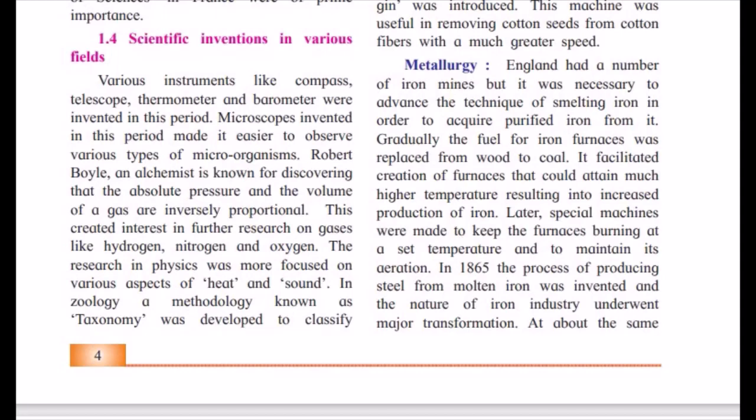Robert Boyle, an alchemist, is known for discovering the relation between the absolute pressure and volume of a gas. They are inversely proportional. The research in physics was most focused on the aspects of heat and sound.